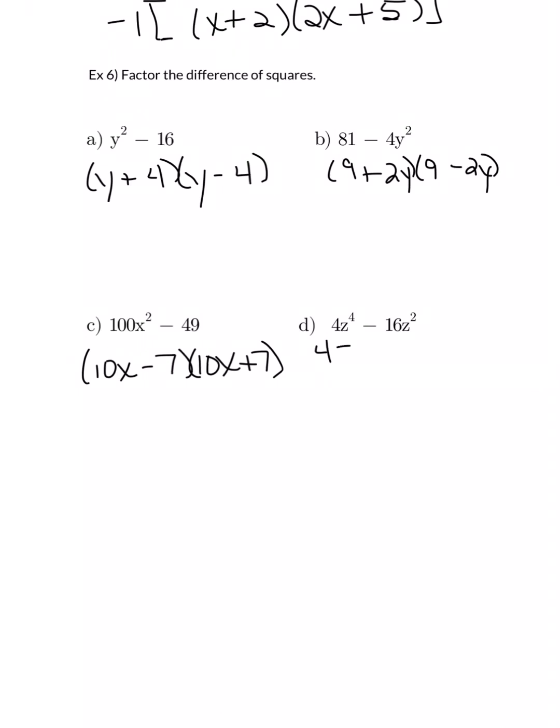Take out the smaller power, z squared. 4z to the 4th divided by 4z squared leaves z squared minus 16z squared divided by 4z squared is 4. Look at what's left in your parentheses. That is still a difference of squares. So we're going to break it into the square root of z squared is z, square root of 4 is 2, and we're going to have one positive, one negative.